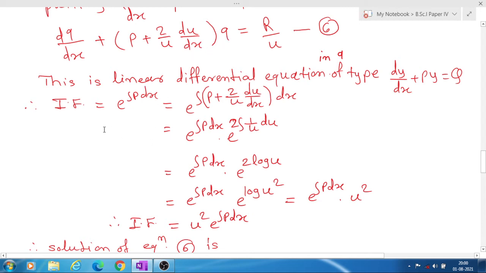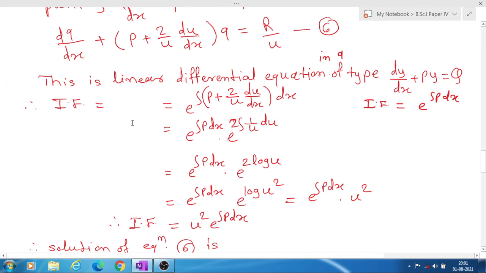Therefore the integrating factor is equal to e raised to integral p dx. This formula is for the standard equation dy by dx plus p into y is equal to q.